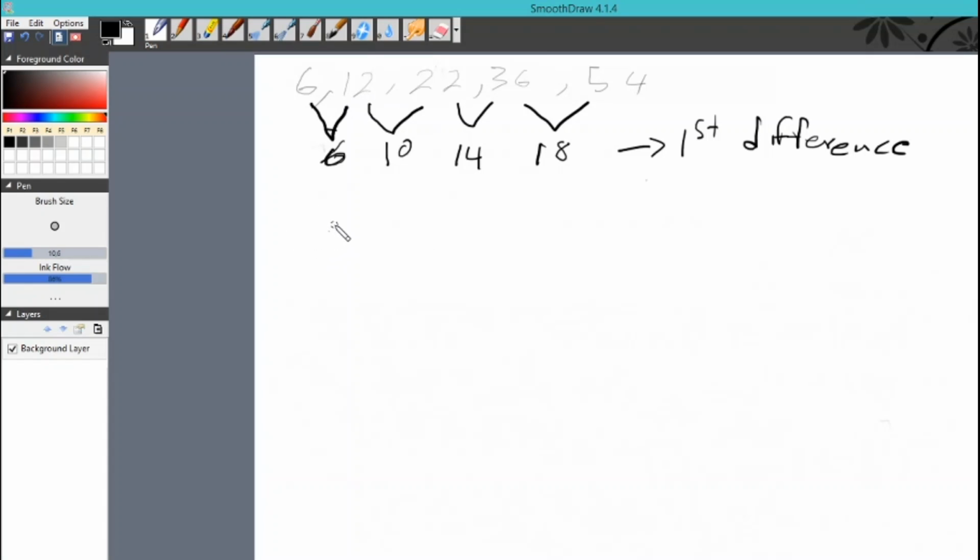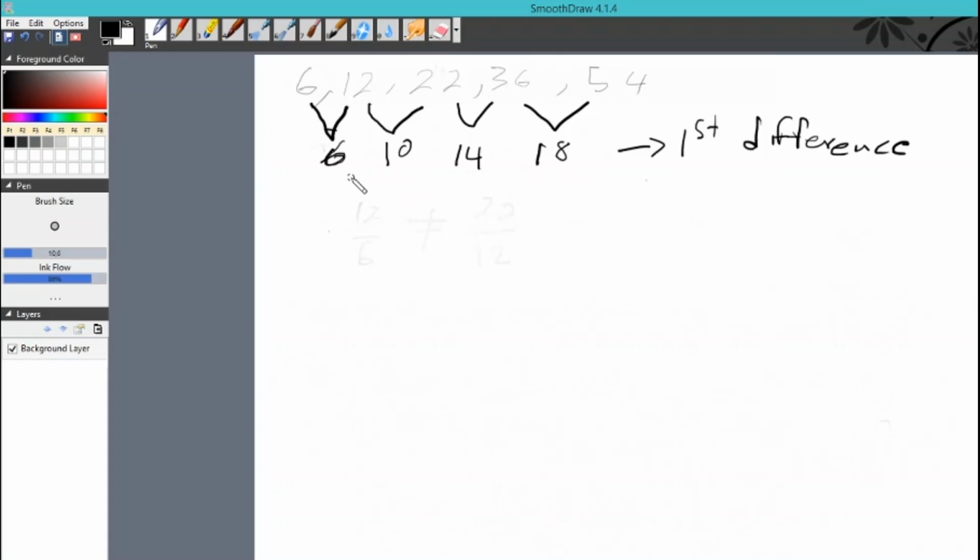I'm saying there is no common ratio. 12 divided by 6 gives 2, which is not equal to 22 divided by 12. So a common ratio is not there, and we know this is not a geometric sequence either. It's also not arithmetic because the first difference is not constant.